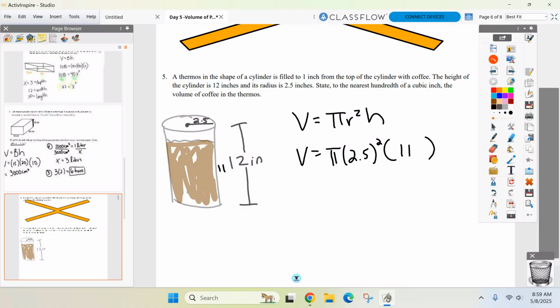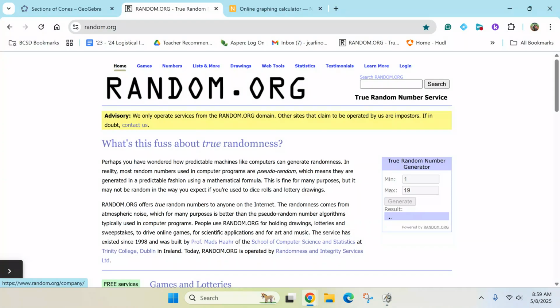And we are rounding to the nearest hundredth now. Hundredth. So once you have hundredth here.